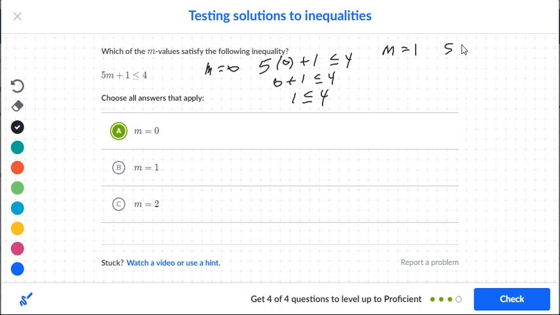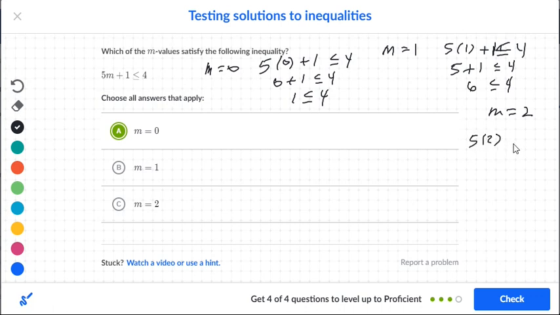This time we put in a 1. So we're going to say 5 times 1 plus 1, and then compare this to 4. We get 5 plus 1, which is 6, compared to 4. So we're going to say 4 is better than 6. No, that's false. And notice that 2 is going to fail too, because if 1 doesn't work, then 2, which is larger, is not going to work.